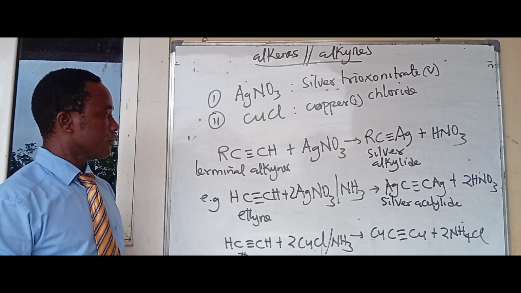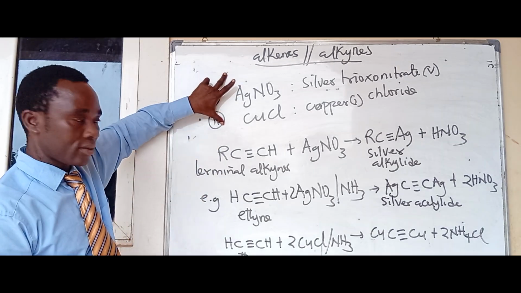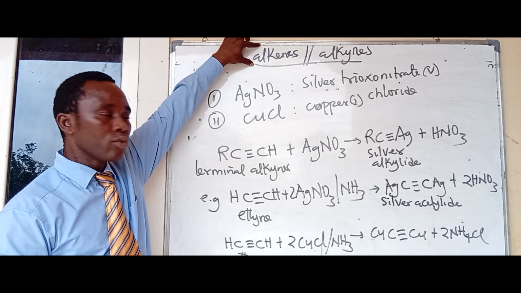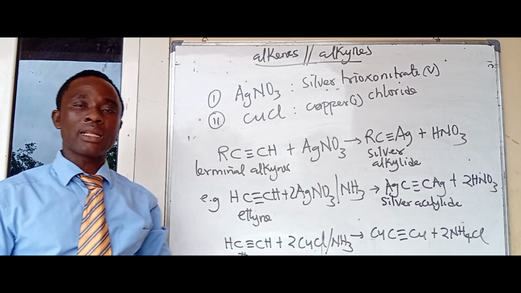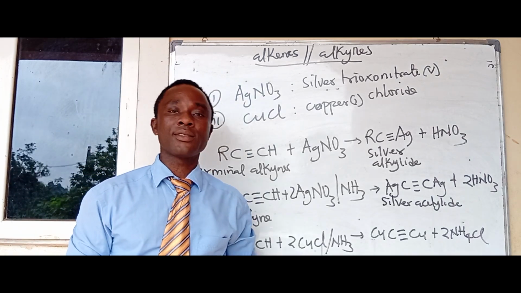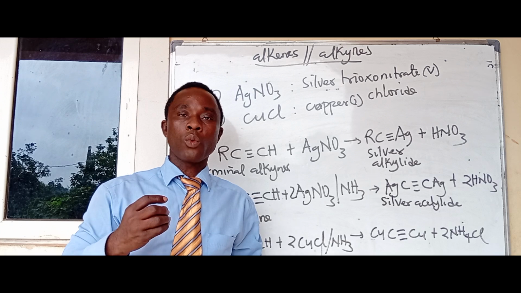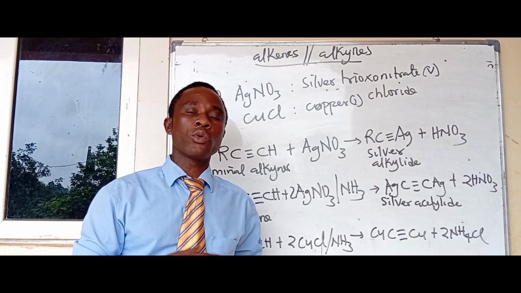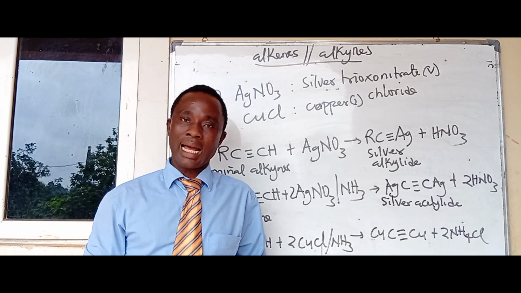So we can see that terminal alkynes can react with these two compounds, while alkenes will not be able to react with these two compounds. And that is how we can differentiate between alkenes and alkynes. So in this video, we have seen how to differentiate between saturation and unsaturation, and also how to differentiate between alkenes and alkynes.